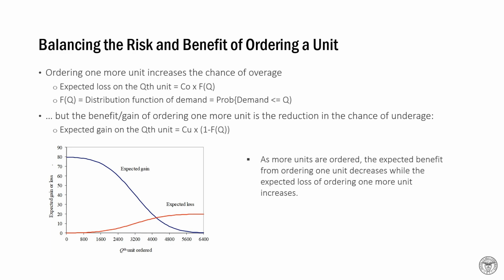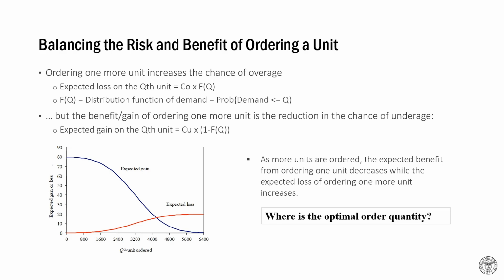As we increase the order quantity, the expected gain from each additional unit decreases, while the expected loss from each additional unit increases. It's important to note that the expected loss or gain on the Qth unit is determined by the costs associated with overage and underage, as well as the distribution function of demand.